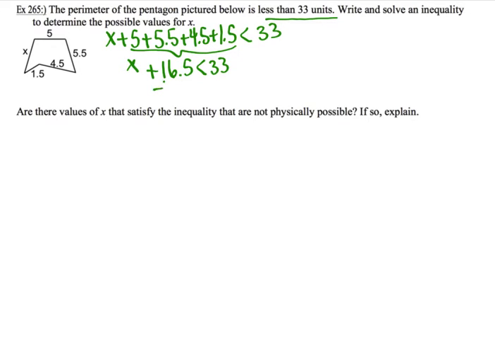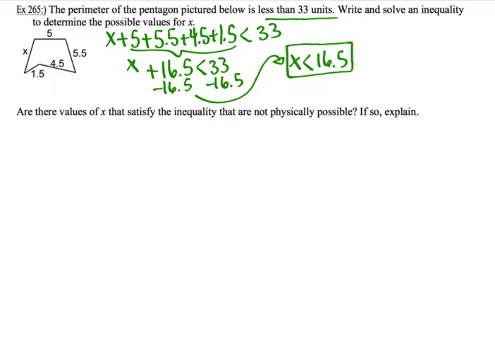Now we can solve this by subtracting 16.5 or adding negative 16.5. It means the same in this situation. And we get x is less than 16.5. It doesn't say we need to graph it, we just had to solve it. So x can be anything less than 16.5.